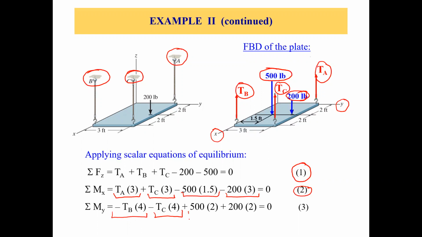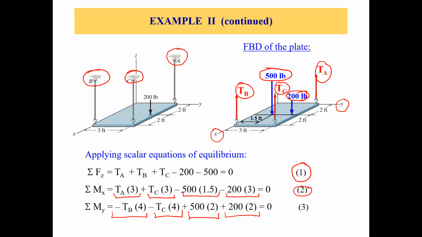Now let's talk about this 500 pounds weight. The 500 pounds weight of this plate is creating a counterclockwise moment around the y-axis, and its moment arm is 2 feet, so that's why we have 500 times 2, which is positive, right? Because it's counterclockwise. Now let's talk about this 200 pounds force.